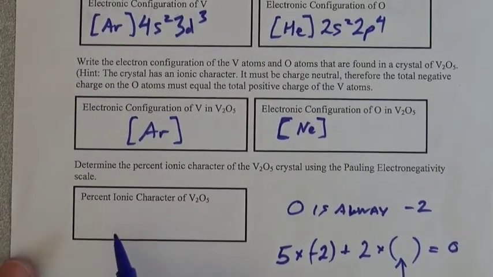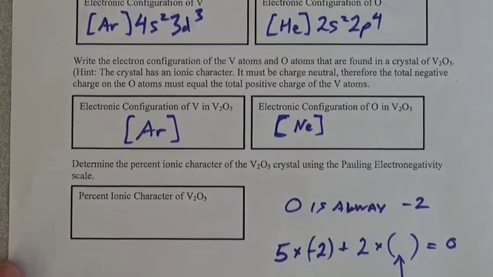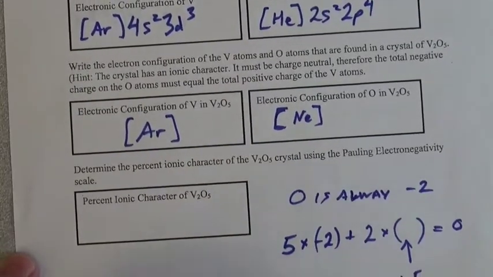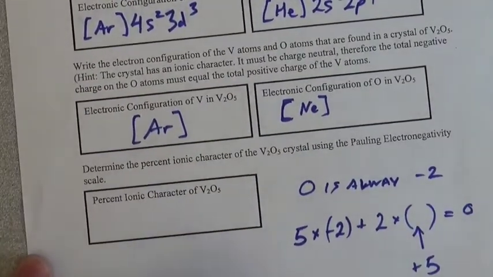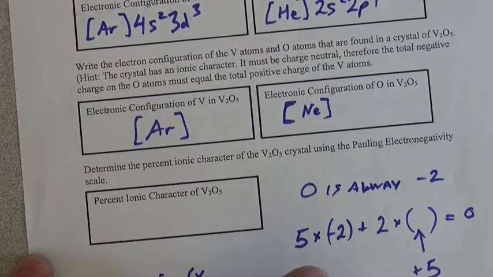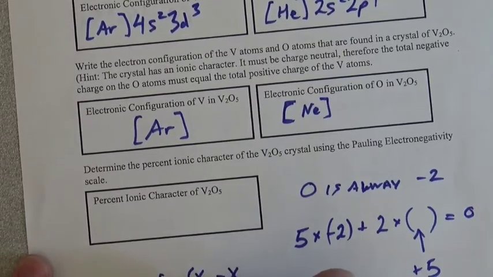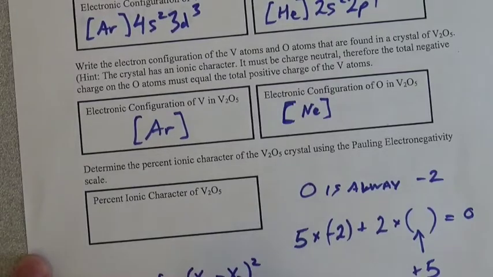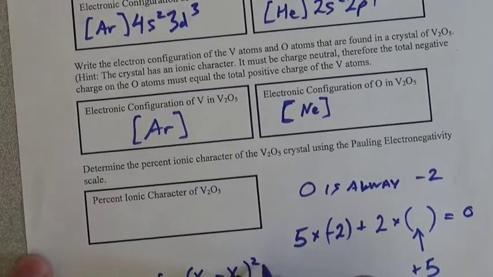The final question is about the percent ionic character, and we have this equation: 1 minus exp of minus xv minus xo squared over 4.